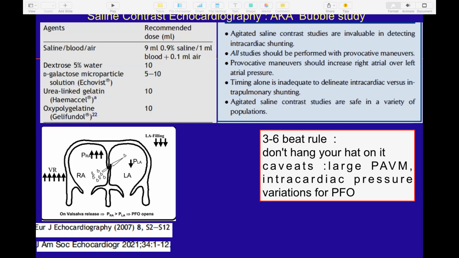I've seen so many cases where if you follow the rule, you may be wrong. So most important is a good study, followed by a good septal movement, and noting where the bubbles come from and whether the bubbles continue to increase in intensity. If we have doubt, then we may need to do additional imaging.